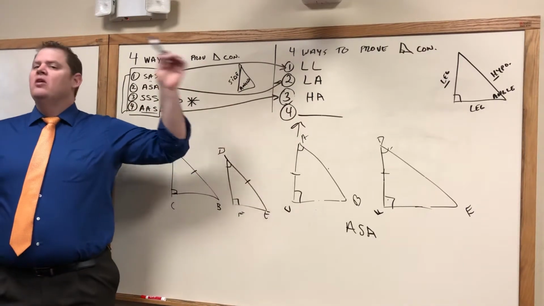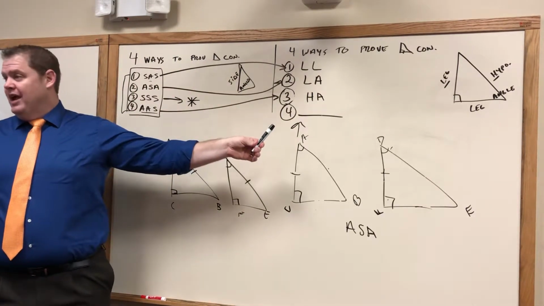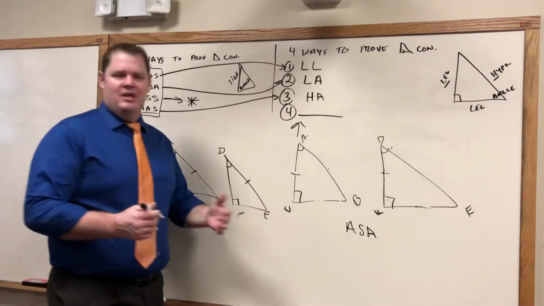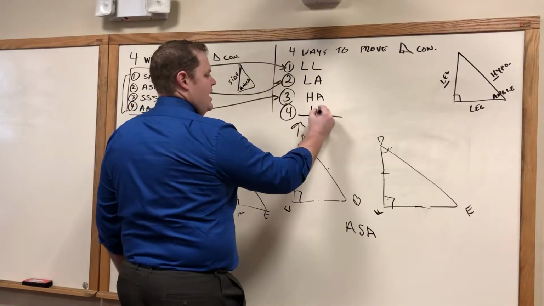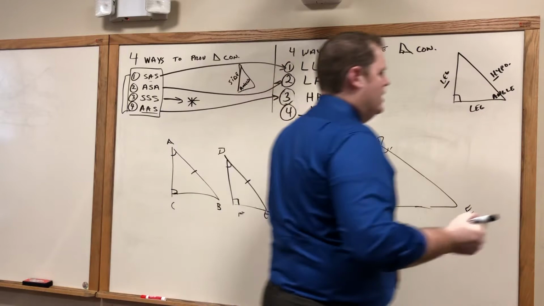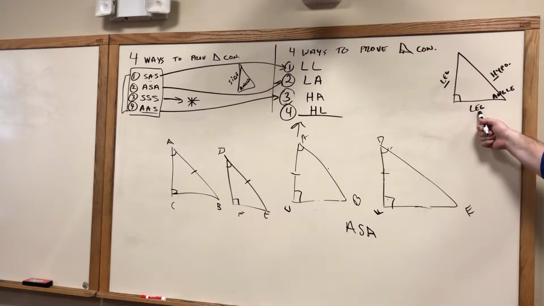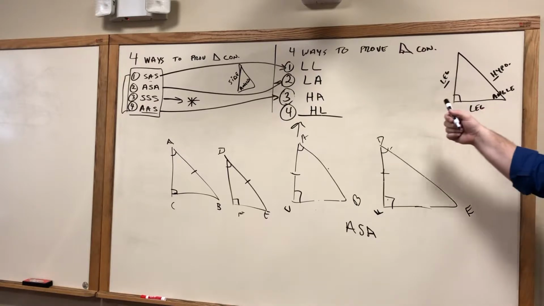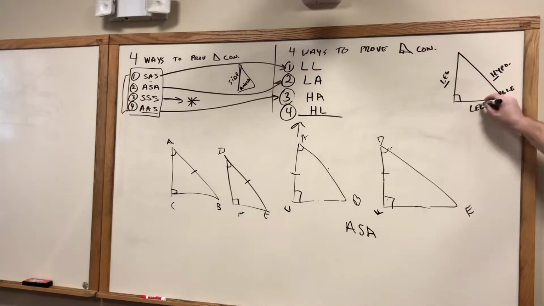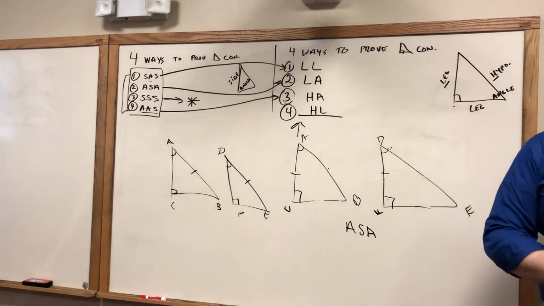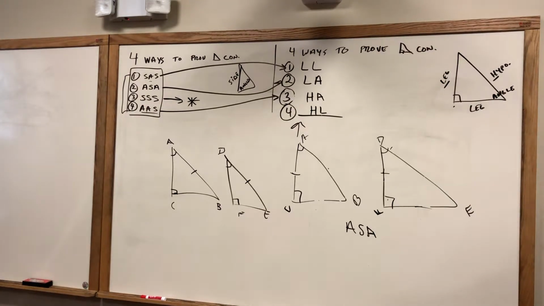It only works for a right triangle. And that's why we need to learn this. It is HL. Hypotenuse, leg. And so notice if we were to respell it, side, side, angle. But it only works in a right triangle.